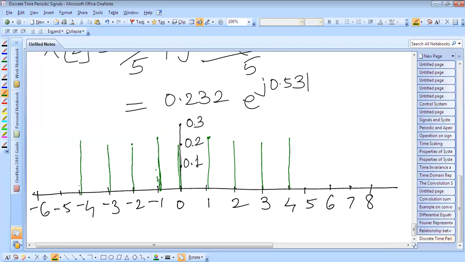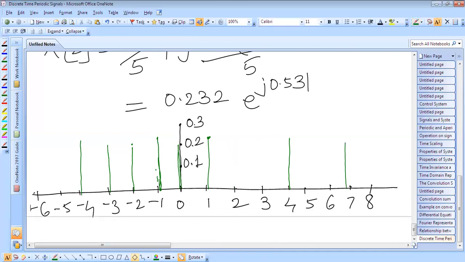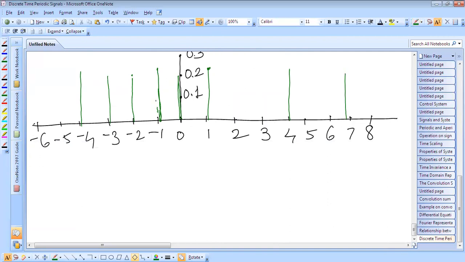So this is the magnitude of x of k as a function of frequency k.